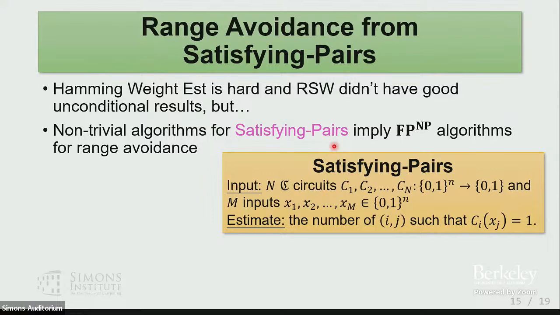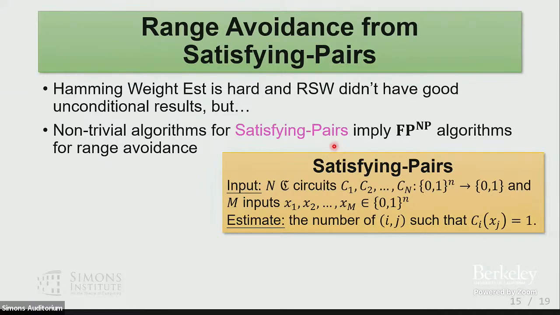These N circuits you can think of as one multi-output circuit, and the inputs in Hamming weight estimation are given in an online fashion, but here you just get a batch of inputs. And instead of outputting the Hamming weight for each C of x_i, you just need the average Hamming weight. So this is the satisfying pairs problem. Any questions?